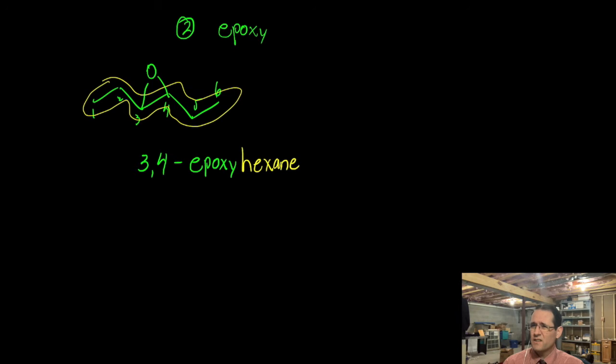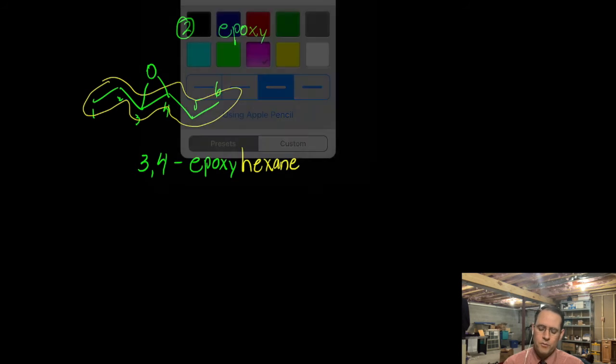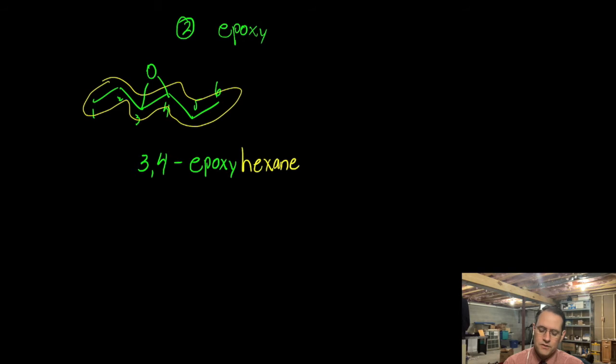Epoxy is the common word for glue, and yes, glues do sometimes contain epoxide moieties that become polymerized to form the glue upon polymerization reactions. Let's do a couple other ones. All right, so here's a molecule where if we number the longest chain, we can see that it has 5 carbons, but there's this substituent here at carbon 3, okay?